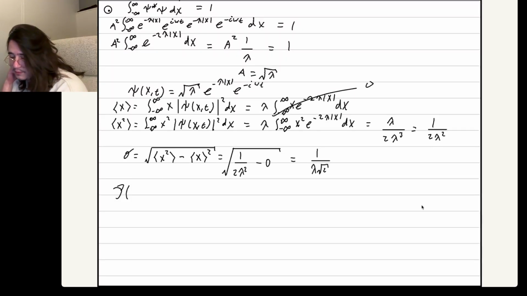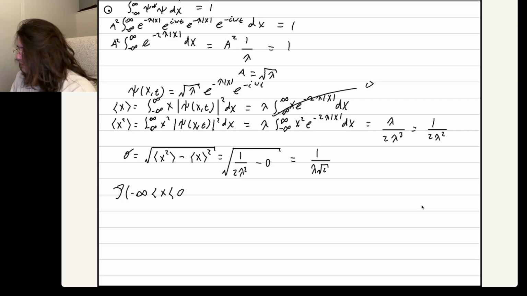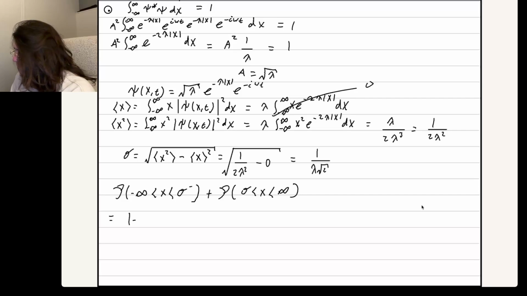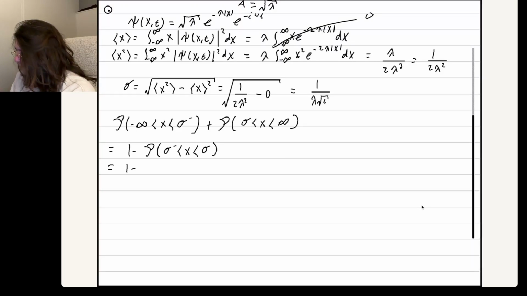So the probability that you find the particle between negative infinity and negative sigma, plus the probability that you find it between positive sigma and infinity, by definition is equal to 1 minus the probability that you find it between minus sigma and sigma. So that means we only have to do one integral.